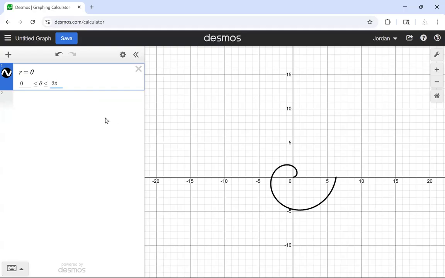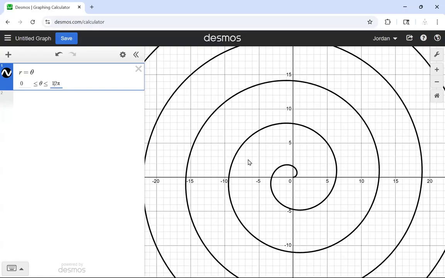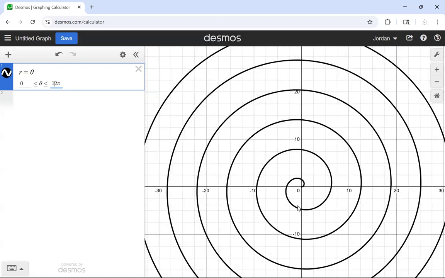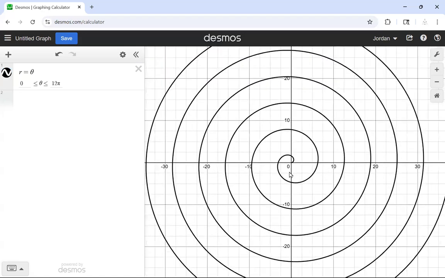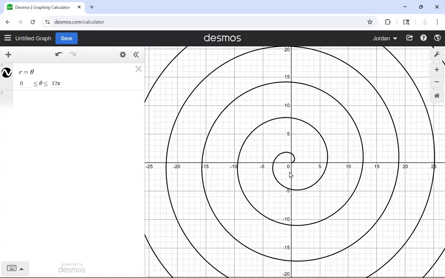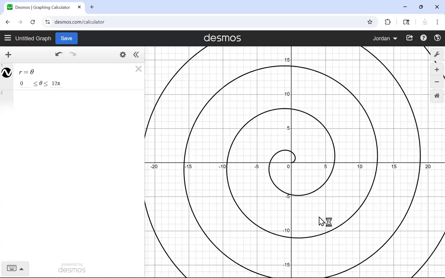If you go from 0 to 12 pi, you get 6 loops. But we get this spiral shape if r equals theta. You can see this is obviously not a function of x because it fails the vertical line test. But it is a function in polar. r is equal to a function of theta in polar.